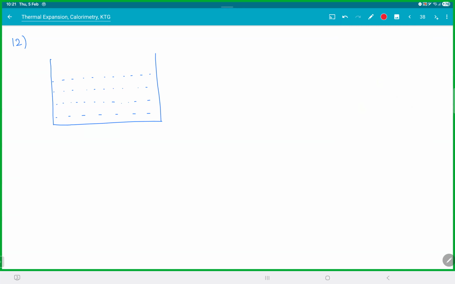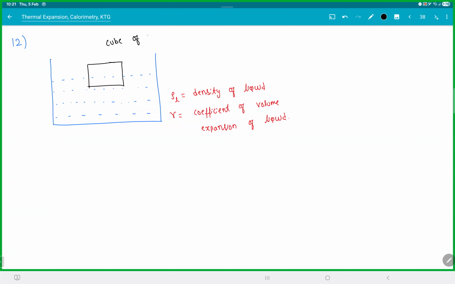So we have a liquid here. Density of the liquid is rho. Gamma is the coefficient of volume expansion of the liquid. In this, you kept a block, a cube.